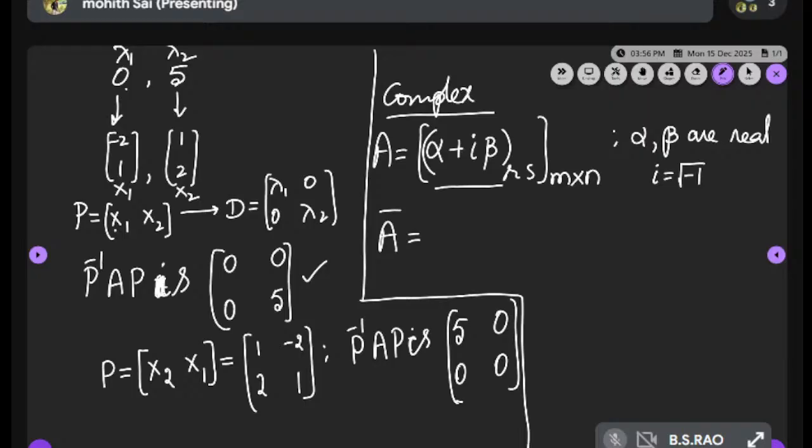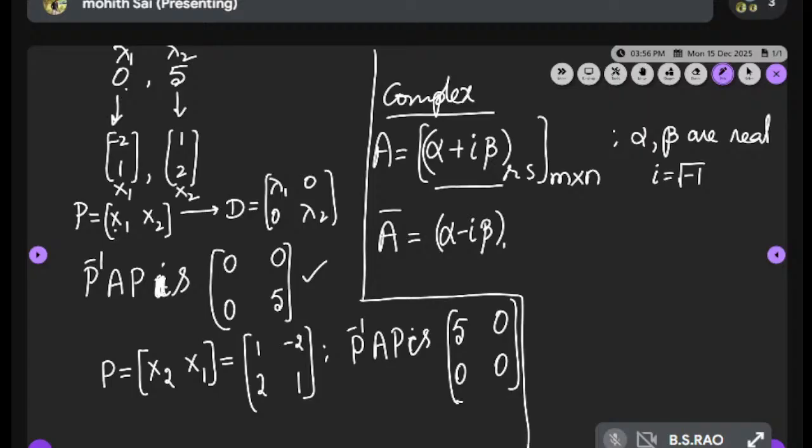A bar means we are going to write the conjugate of the element alpha plus i beta. Alpha minus i beta. If the complex number is replaced by its conjugate, we call it a conjugate matrix, denoted by A bar or A theta.